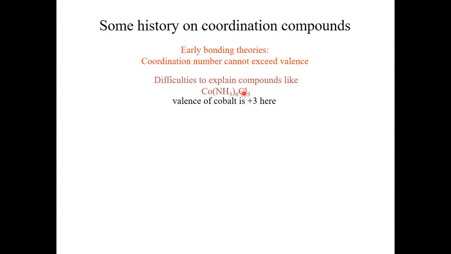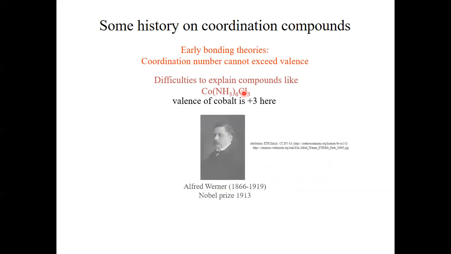The first one who interpreted the bonding situation of coordination compounds correctly was Alfred Werner, who received the Nobel Prize for his work in the year 1913. He broke with the belief that the number of bonds could not exceed the valence of the metal, and said this is possible, and we can have a so-called complex ion in which we have 2 coordination spheres.